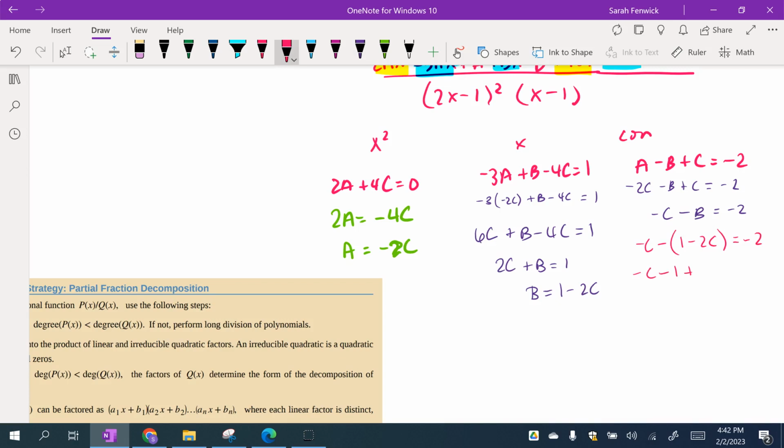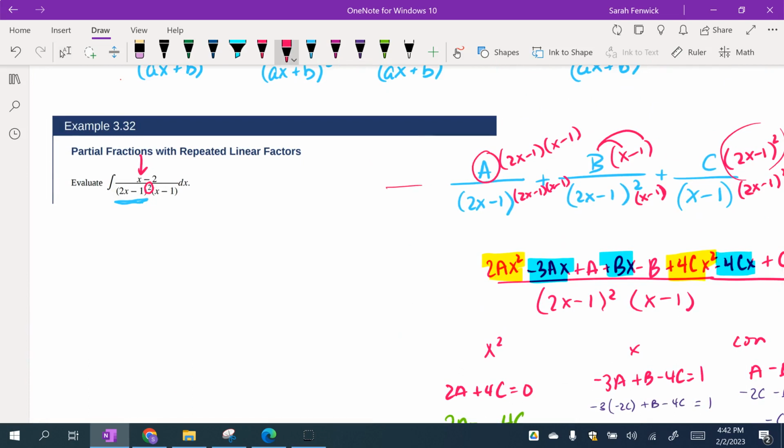Negative c minus 1 plus 2c is c minus 1 equals negative 2. C equals negative 1. If c is negative 1, then b is 1 plus 2, which is 3. And a, negative 2 times negative 1, is 2.